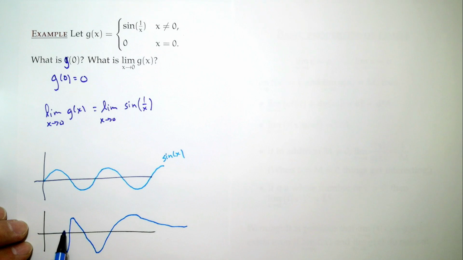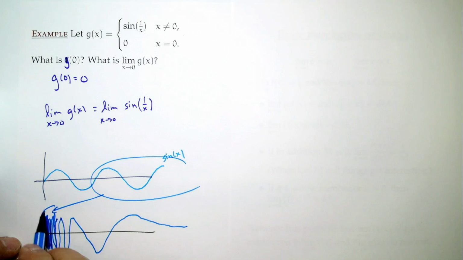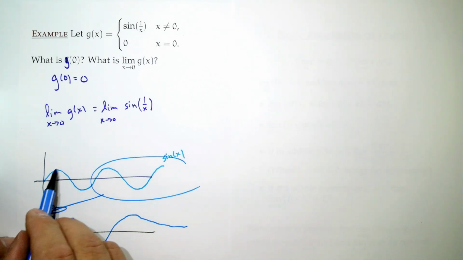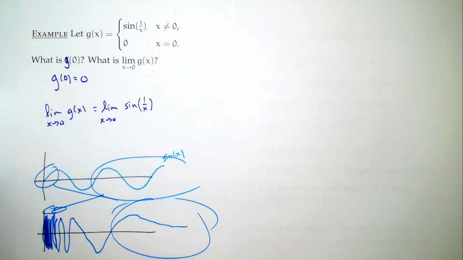But then I start to go up and down faster, and faster, and faster. And it starts to look like that. So the infinitely many oscillations that are going to be over here get squeezed into this little tiny spot, and this little bit of an oscillation here pretty much is like everything. The 1 over x flipped it.